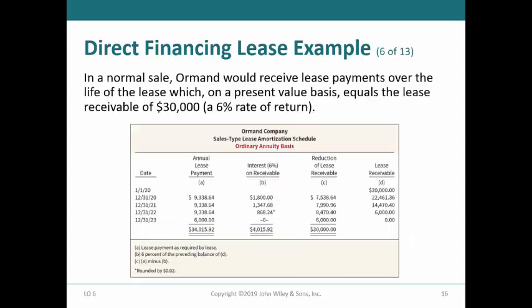This is the amortization table for a normal sales-type lease with the lease payments due at the end of the period. Notice there is no payment due at the inception of the lease. The payments are due each December 31st. The interest expense is calculated by multiplying the 6% rate times the carrying value of the lease liability.